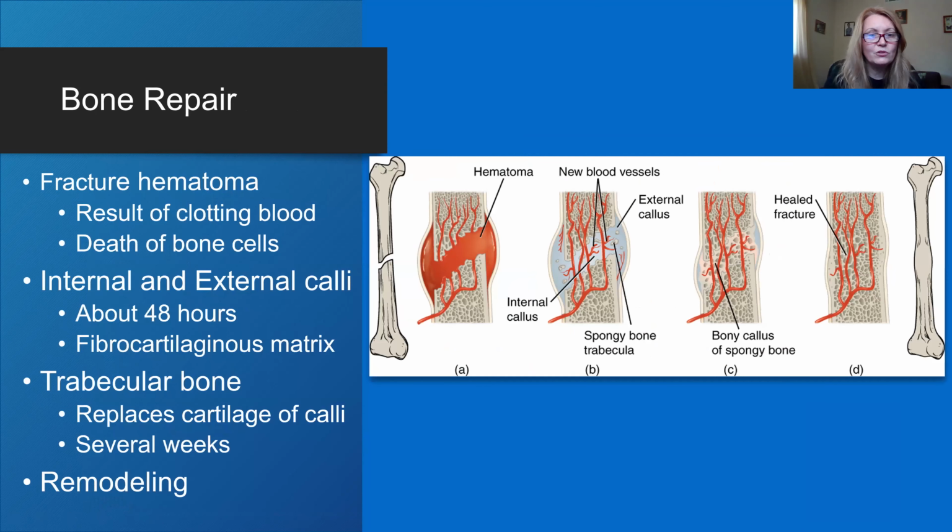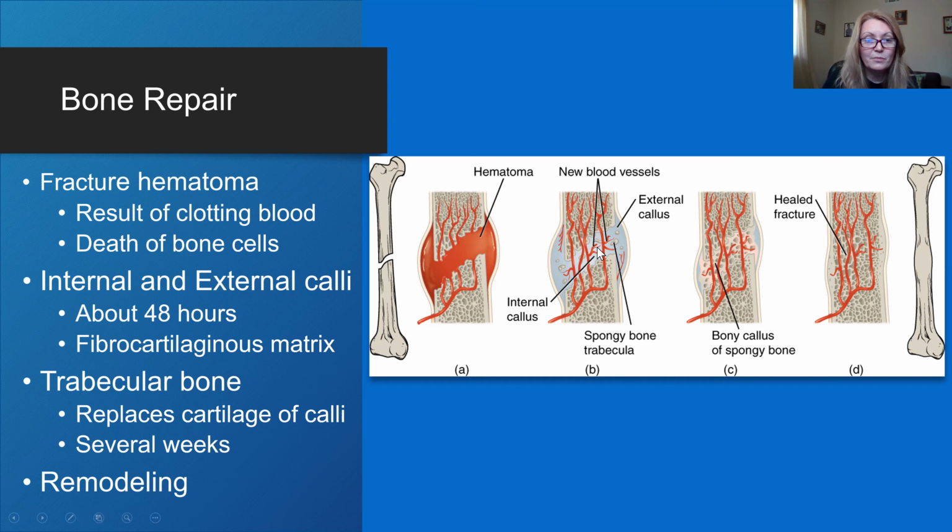Okay, and bone repair. Bone repair includes several stages. When you have a fracture, when your bone is broken, you start with hematoma. Because your bone tissue is very vascular, you have a lot of blood leaking out, then the blood will clot. Those bone cells will die, so you have a hematoma and a clotting of the blood.